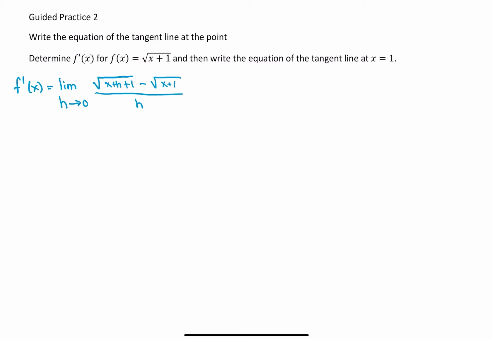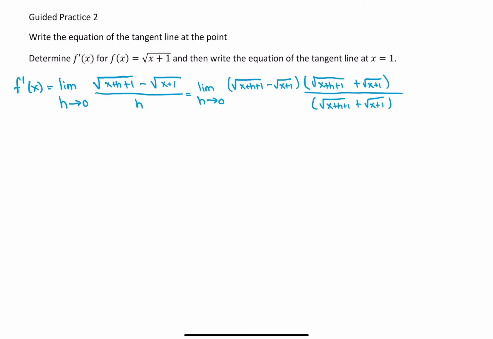And so we are going to multiply by the conjugate. This is going to give us the limit as h approaches 0 of the square root of x plus h plus 1 minus the square root of x plus 1 times the square root of x plus h plus 1 plus the square root of x plus 1 divided by the square root of x plus h plus 1 plus the square root of x plus 1, and we still have that h in our denominator.